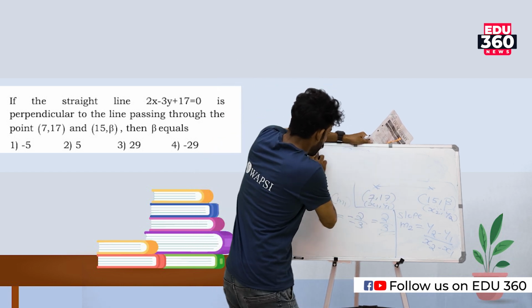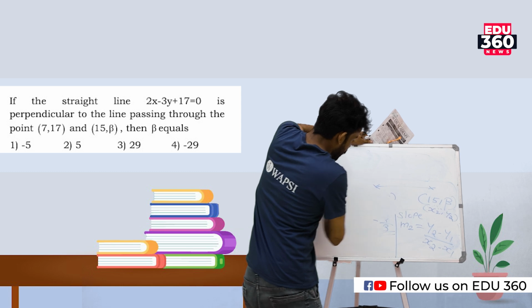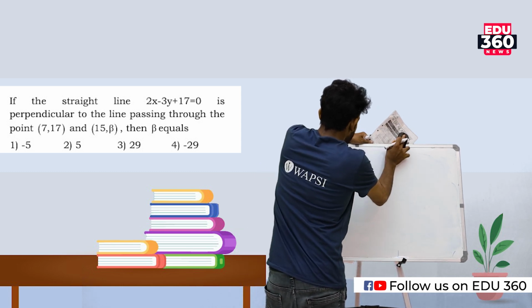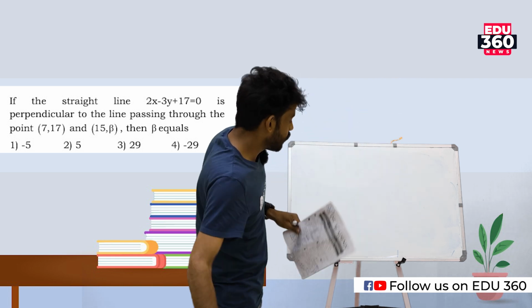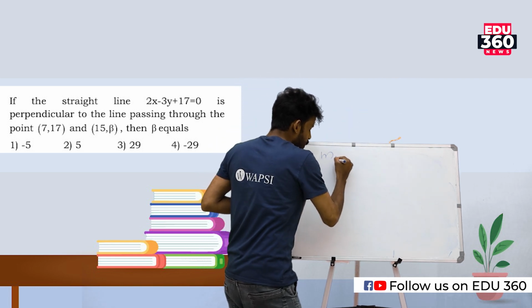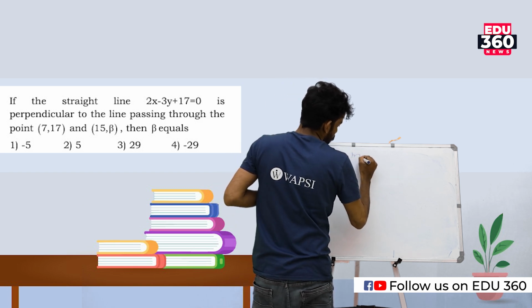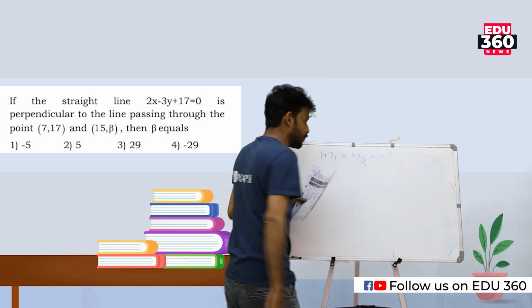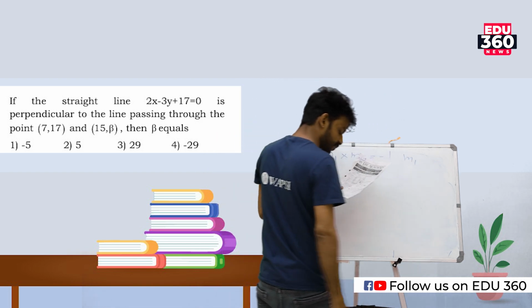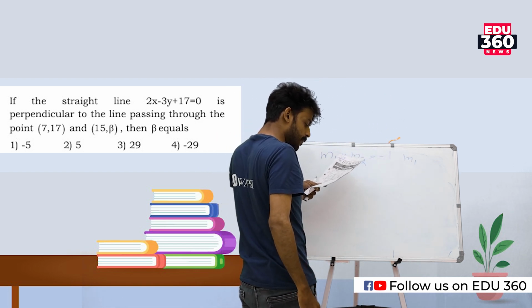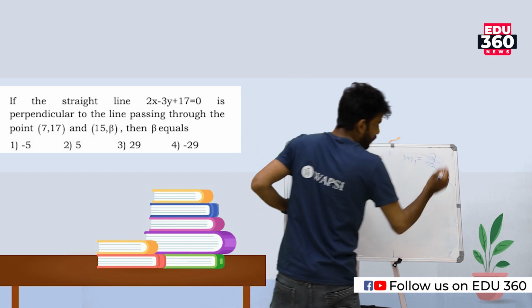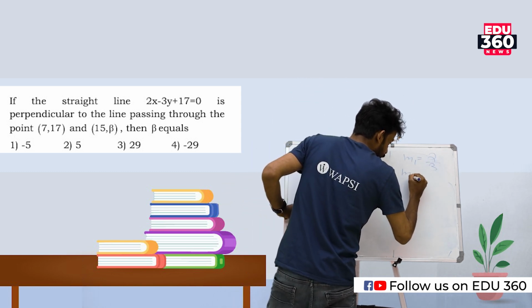From the previous step we got the slope m1 is equal to 2 by 3, and we got m2.